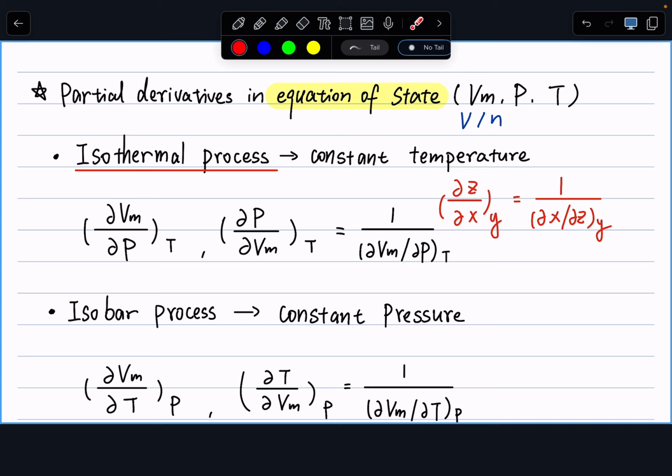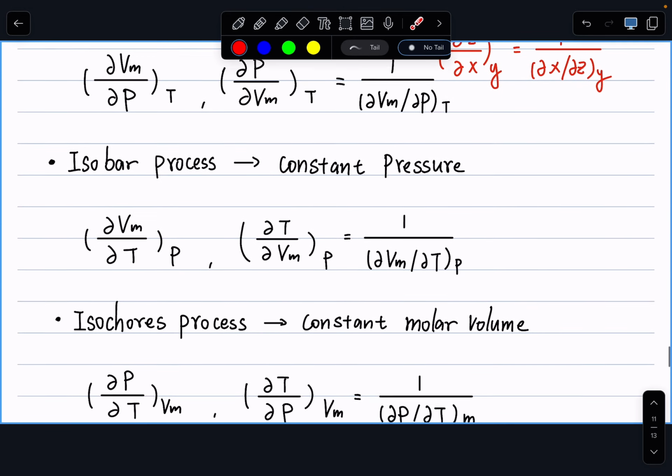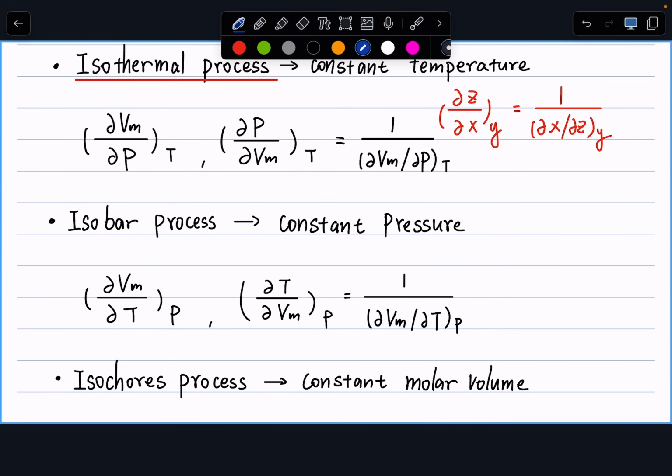Likewise, the same kind of rule applies to isobaric and isochoric processes. Like isothermal processes, which take place at constant temperature, we can keep the pressure constant, and that's called an isobaric process.